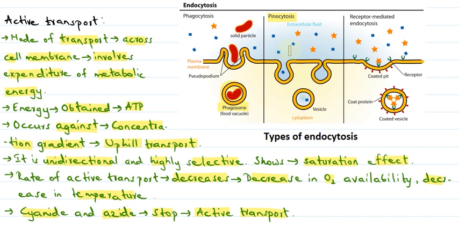So what happens when the extracellular solutes in the extracellular fluid attach to specific receptors of the membrane? An invagination is formed, and this invagination is drawn inwards and gets pinched off into a small vesicle called a pinocytic vesicle or pinosome.